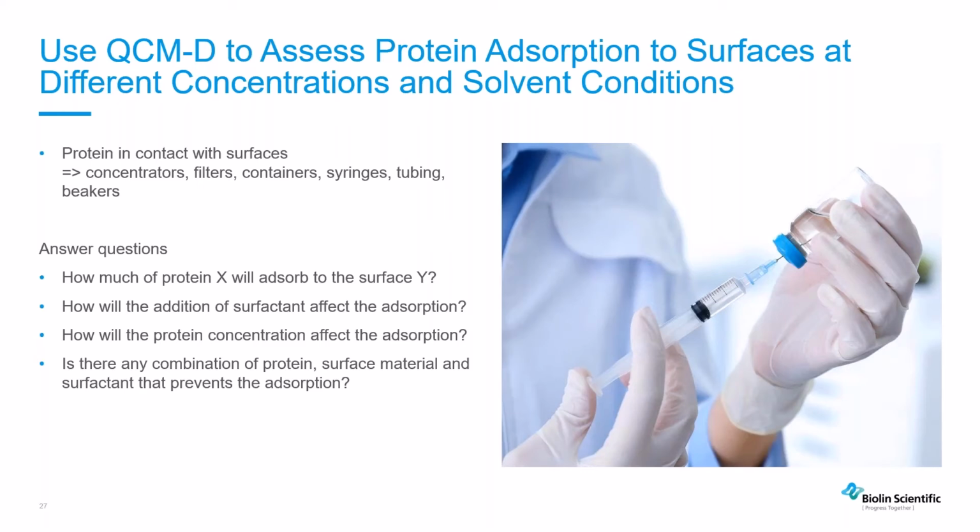So here we have the questions: how much of a certain protein will attach to a specific surface, and can we change this by adding a surfactant or a stabilizer, and if we play around with concentration, can we change that? And is there a combination of protein, surface material and surfactant that prevents the adsorption, because that is what we want eventually.